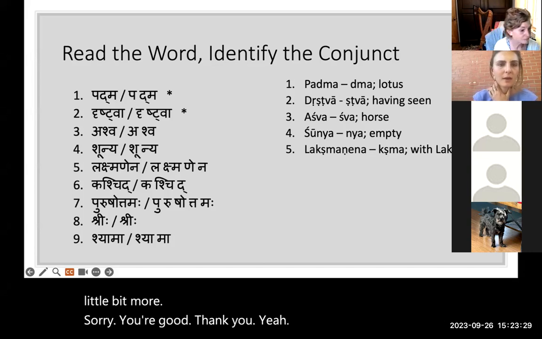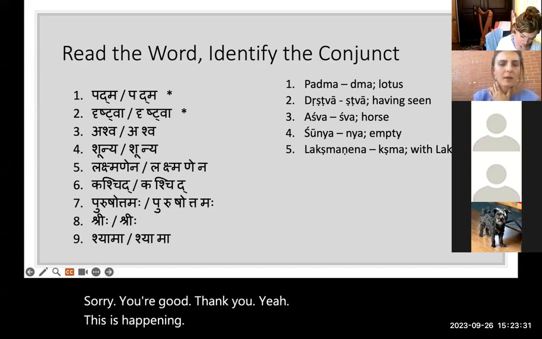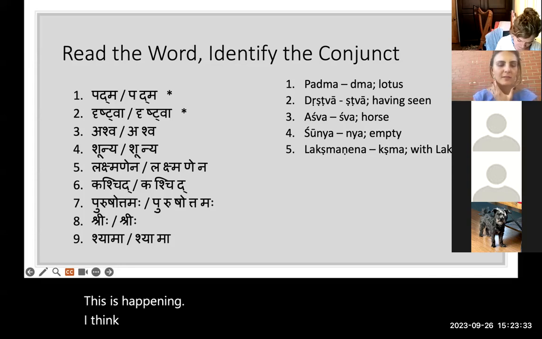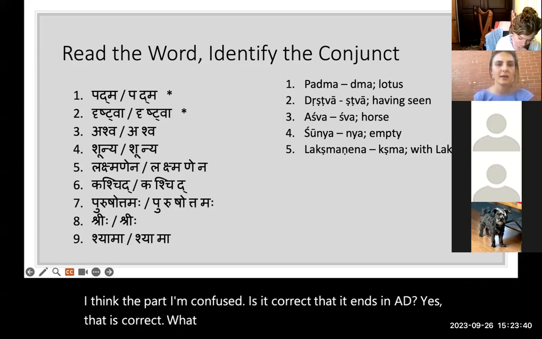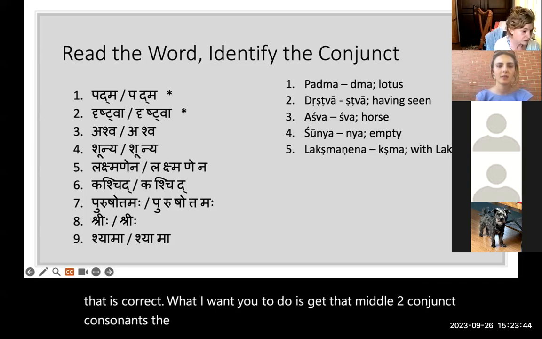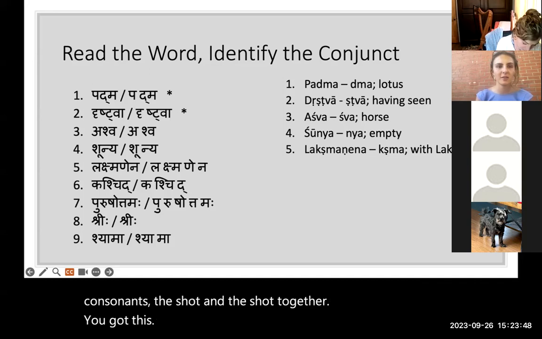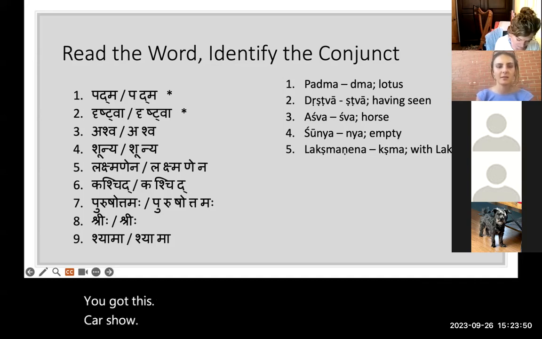I think the part I'm confused is, is it correct that it ends in a D? Yes, that is correct. What I want you to do is get that middle two conjunct consonants, the sha and the cha, together. You got it. Ka, sha, da.